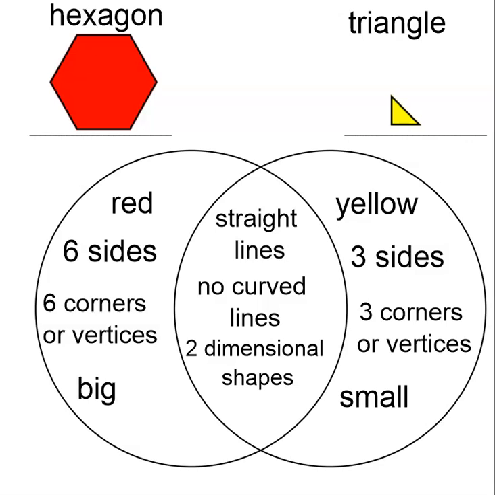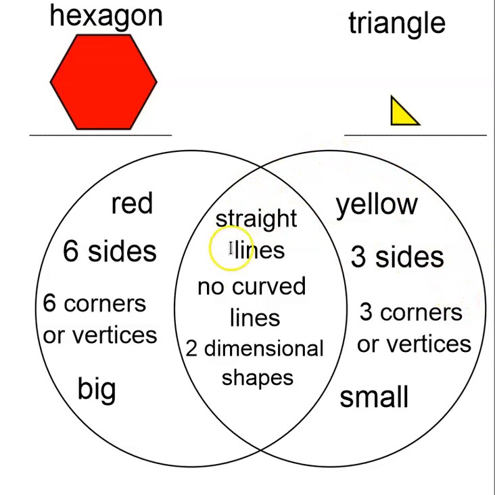So, boys and girls, we've done a lot of comparing a hexagon and a triangle. So, everything you see here is all of the attributes in this whole circle of a hexagon. But this part over here is how they are different to a triangle, and here is how they are similar.